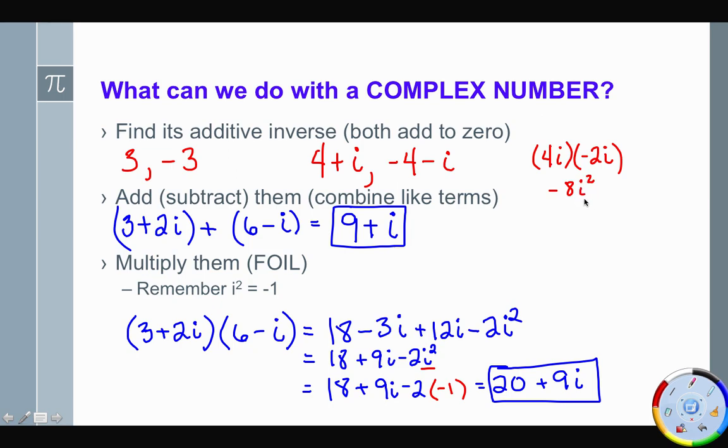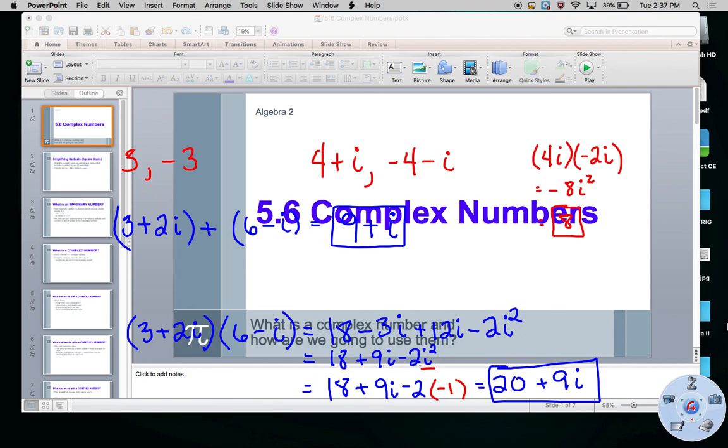We know i squared is negative 1, so this becomes a positive 8. So make sure when you're doing this, when they're in standard form, that you FOIL. And also remember that i squared is negative 1. You must always get rid of that i squared.